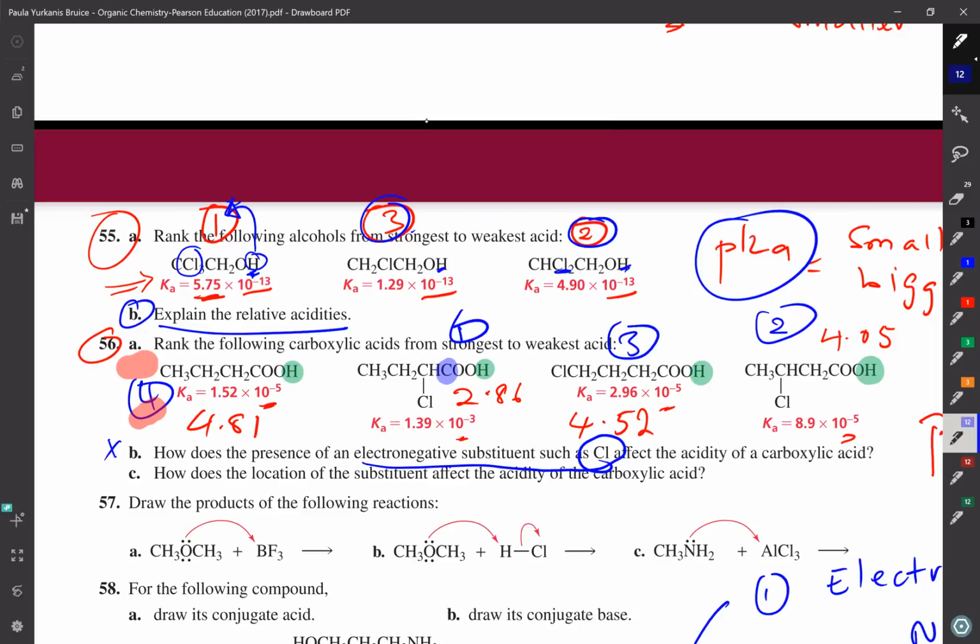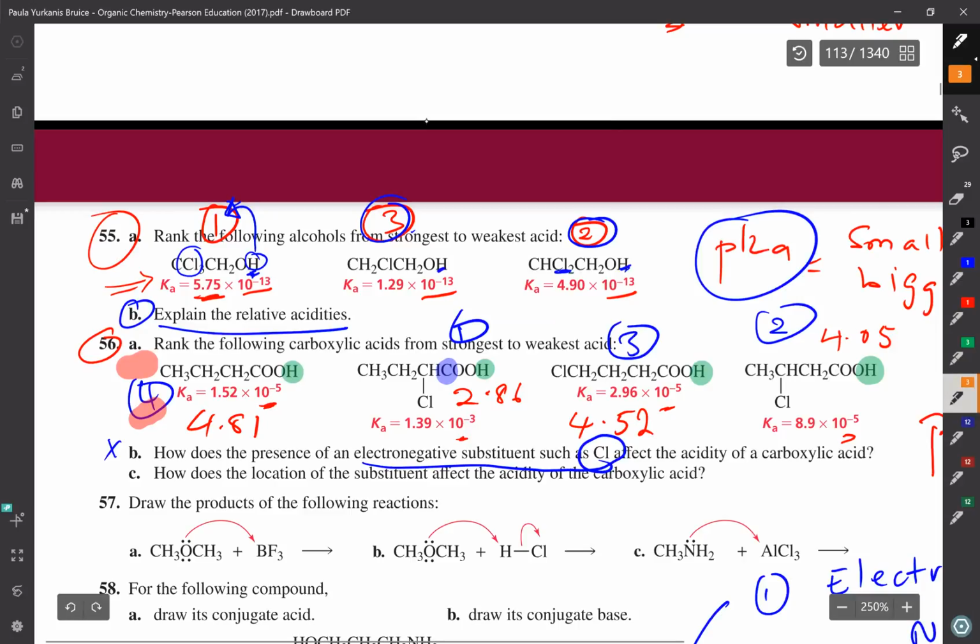When we move to the other molecule here, we notice that the hydrogen is separated from the chlorine by 1, 2, 3 carbons. Do you see that? Because the chlorine is attached on the 4th carbon.